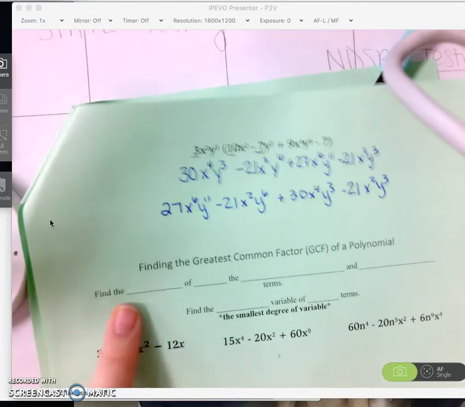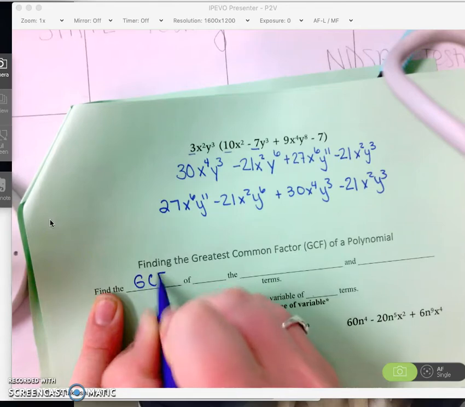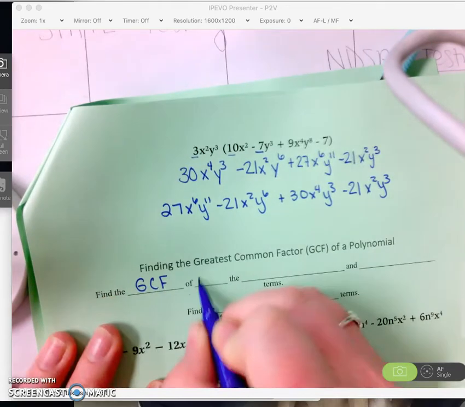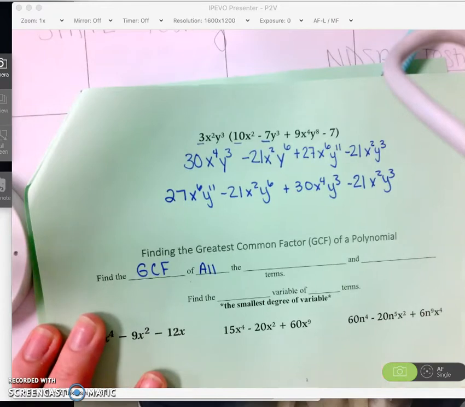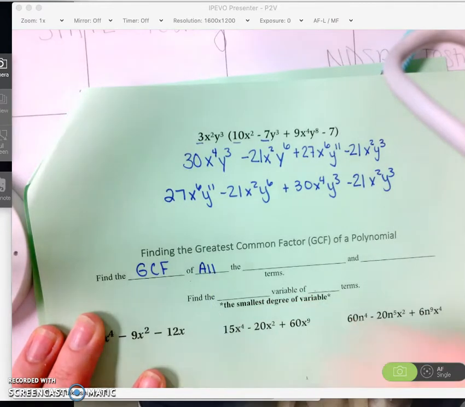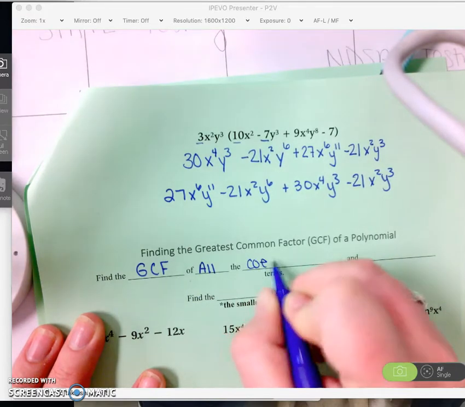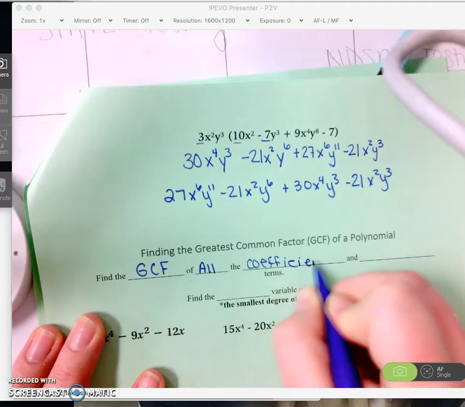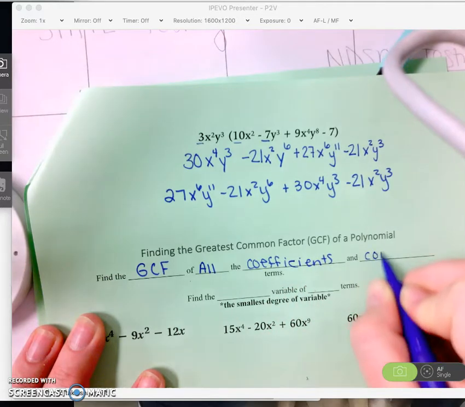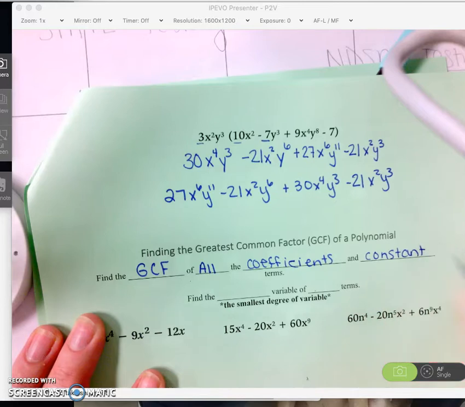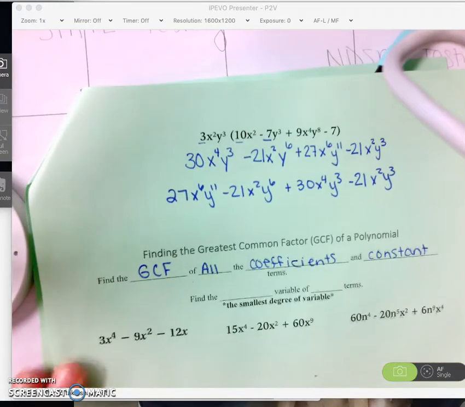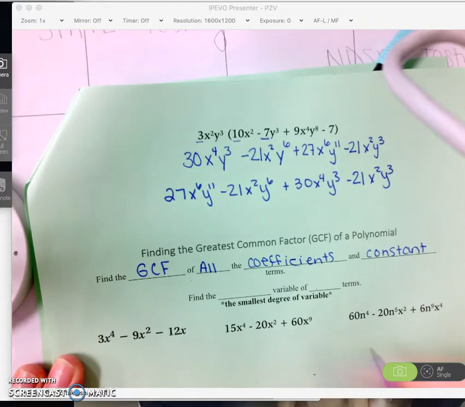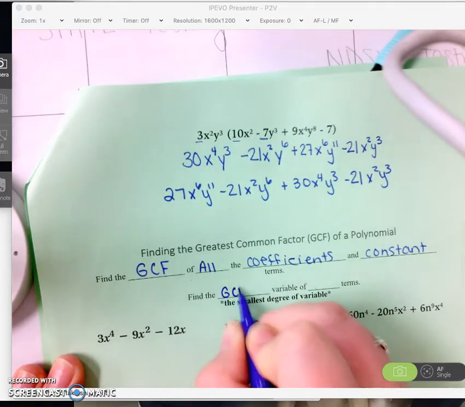So to find the GCF, find the GCF of all the coefficients and constant terms, and then write this out.